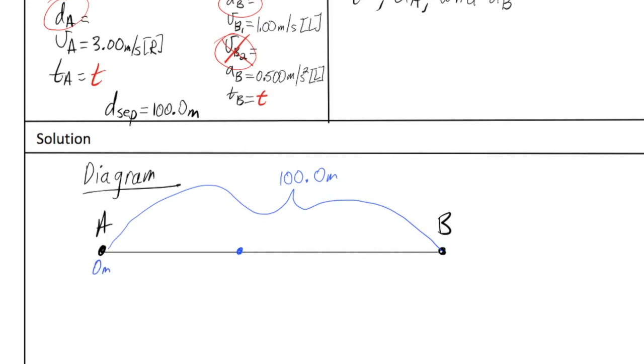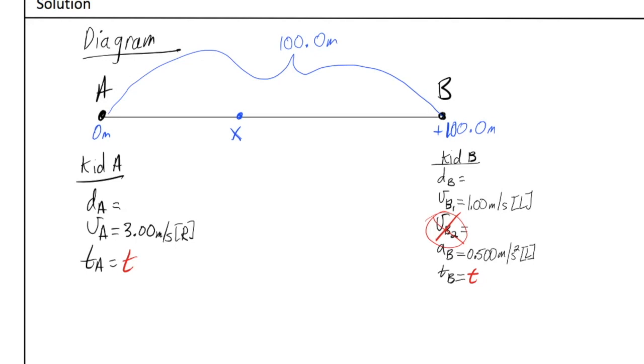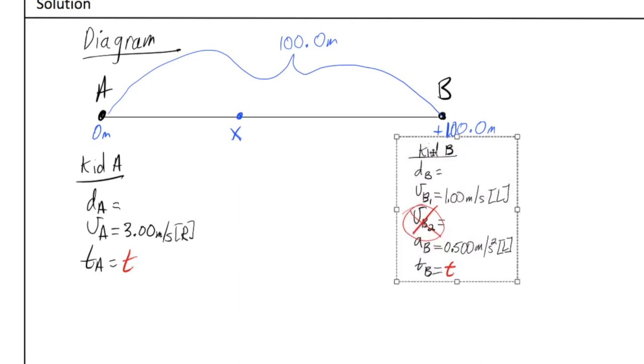So again, kid A is at position 0. That is position x, and this is positive 100 meters. All right, again, so I'm copying all of that information from the given section, and I'm putting it by my diagram. And yes, I want you to do the same thing. Focusing on kid A, the displacement of kid A is going to be the final position minus the initial position.